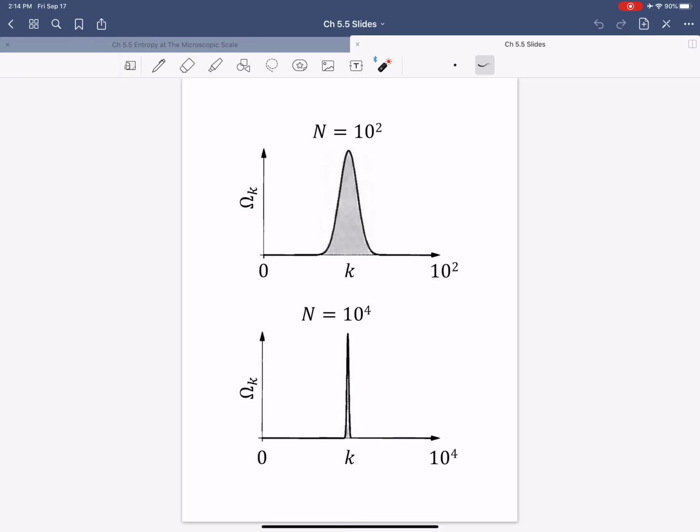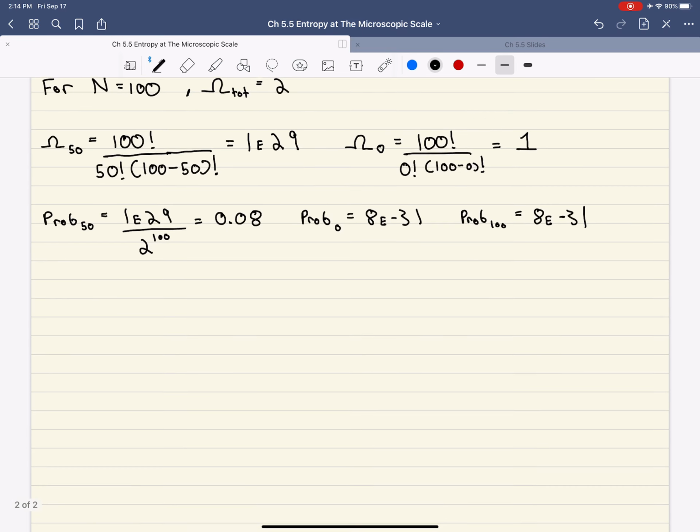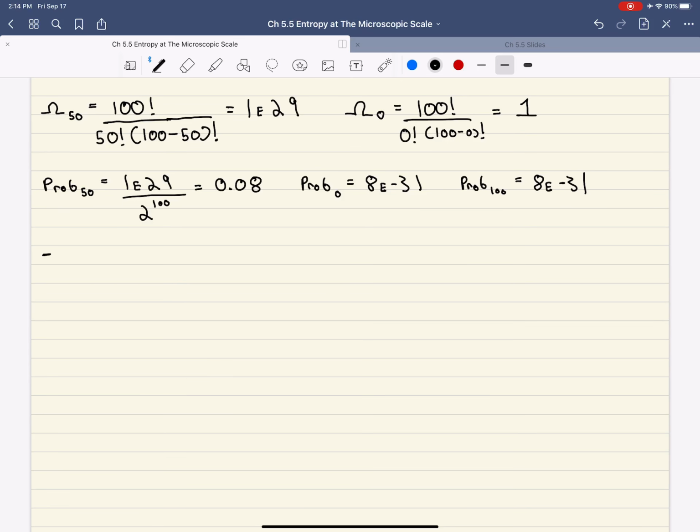What I want you to get out of this is that the standard deviation of the distribution of our multiplicity, omega k, decreases as the number of coins in our collection goes to infinity.